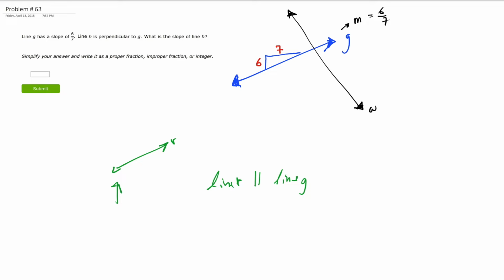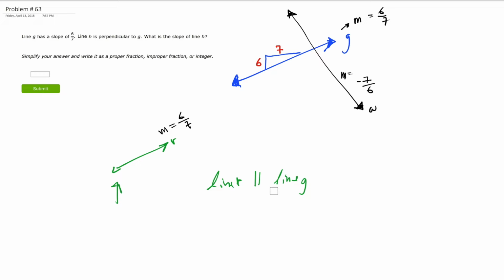So what's line R's slope? Okay. Now, line W is perpendicular. So it's going to be the opposite reciprocal slope. Well, you have to flip it and multiply it by -1. -7/6. And that's going to be the slope for W.